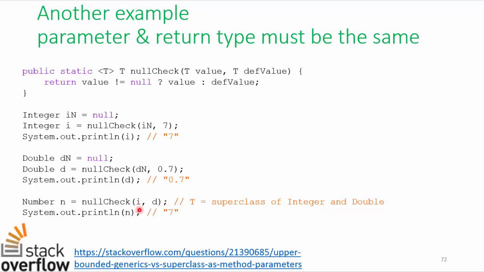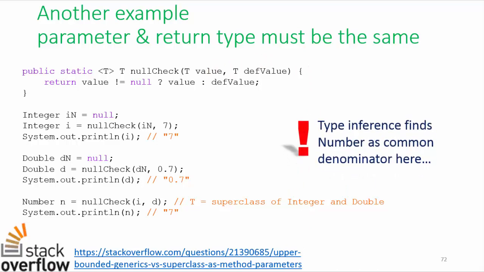But the funny thing is that, yes, I did pass an integer and a double. And here, what I had is a null check generic method that had one type parameter T that was supposed to be the same for value and def value. Well, not exactly. Just as we saw before, type inference is going to find the common denominator here. And the common denominator here is number.